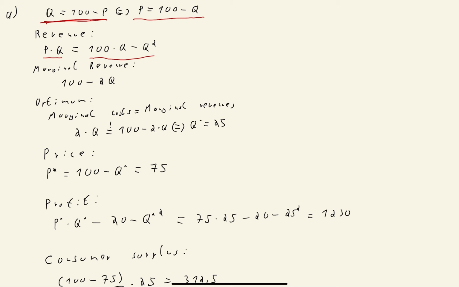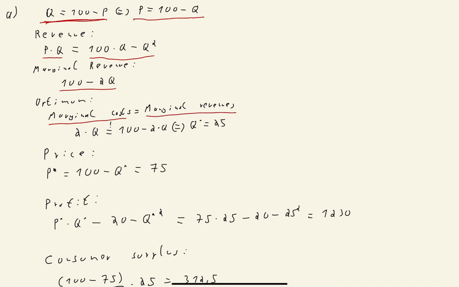Having the revenue, we can calculate the marginal revenue, which is simply the derivative of the revenue function with respect to the quantity. With the marginal revenue function, we can determine the profit maximizing quantity of the monopolist, because the condition which determines this quantity is that marginal costs equal marginal revenues.